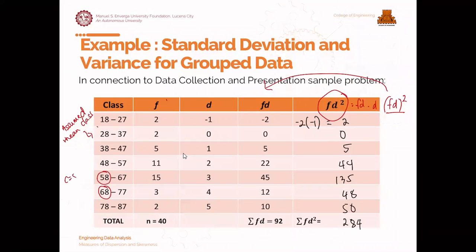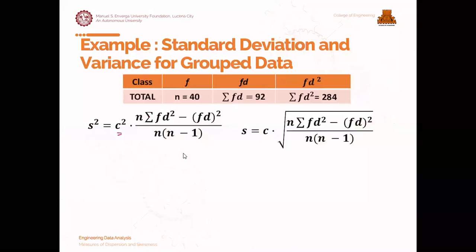So C natin is 68 minus 58, so equals siya sa 10. Pwede din higher upper limit, so 77 minus 67 is equals to 10. Doon natin nakukuha yung class interval natin. Ibig sabihin dito sa formula na to, yung C natin is 10 squared, then multiplied by yung value ng n na 40. Then calculated na summation of FD squared. So we have 284.